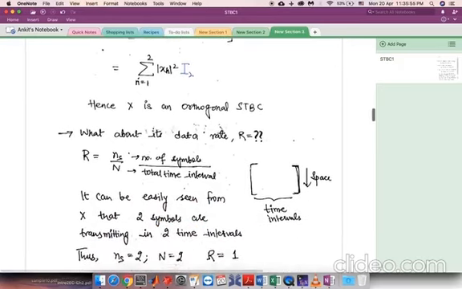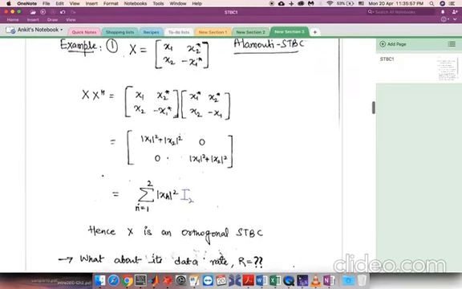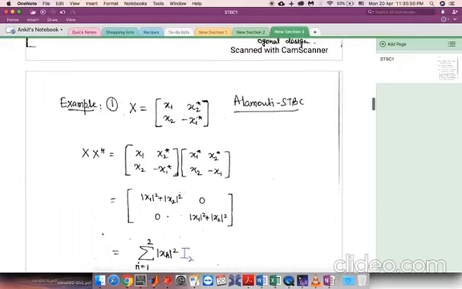Let's talk about its data rate. How many symbols are there? x_1 and x_2. Then Ns will be 2, right? While calculating the rate, we need to consider the whole block because we are transmitting this block. We are assuming the fading is static while transmitting this block.